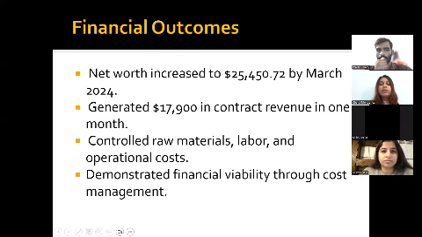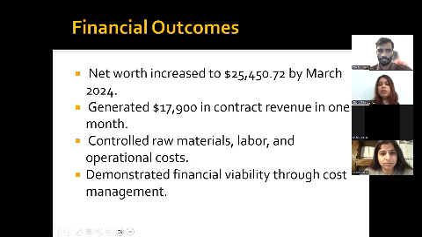At the same time, we carefully managed costs, including raw materials, labor, and operations, to maintain profitability for future needs. This demonstrates not only strong revenue generation but also an ability to control expenses and ensure financial stability.